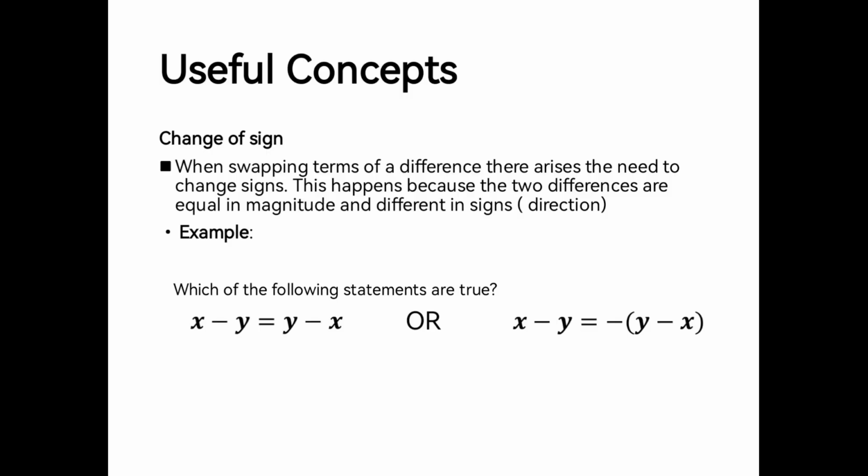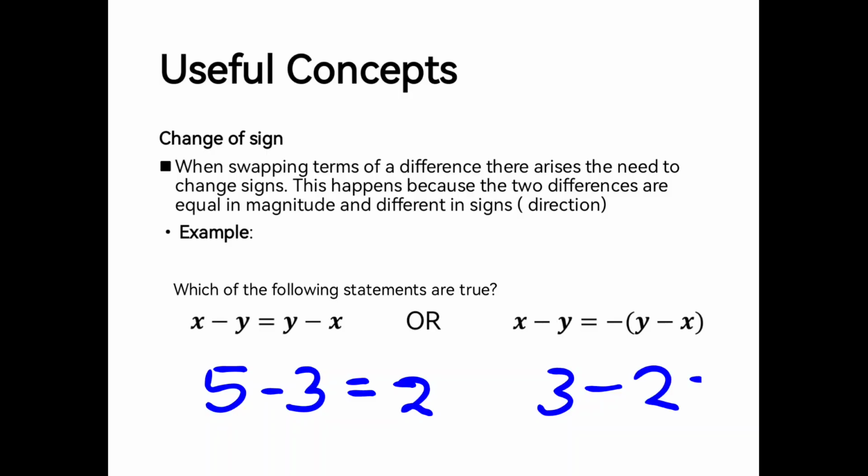I'll just simply use a number. A typical number that we can use: 5 minus 3 gives us 2, whereas 3 minus 5 gives us minus 2.